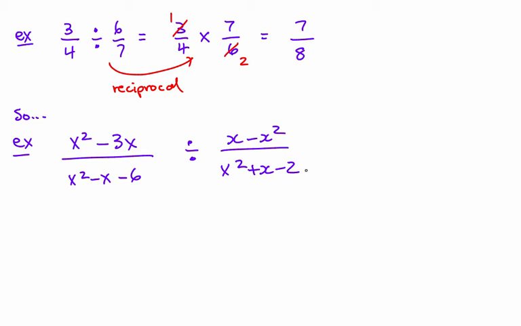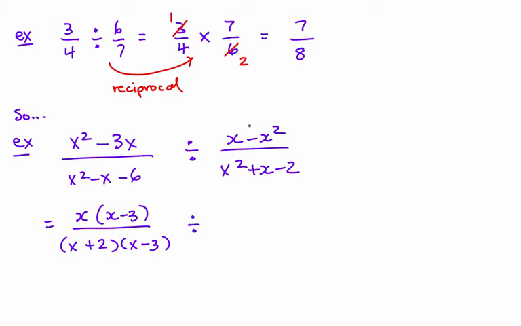I need to factor. I like doing that first, so I have x times x minus 3, and on the denominator, set up my brackets. Two numbers that multiply to negative 6 that add to negative 1 are negative 3 and positive 2. I keep my division sign here.